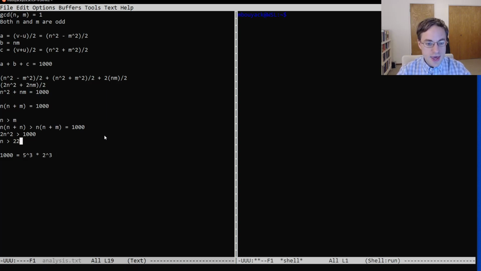And so n has to be a power of 5, because if n is divisible by 2, then obviously n is not odd. But we've already said that n has to be odd. And so we know that n is a power of 5. And so that means that in particular, because we know that n is greater than 22, that n equals 25 or n equals 125.